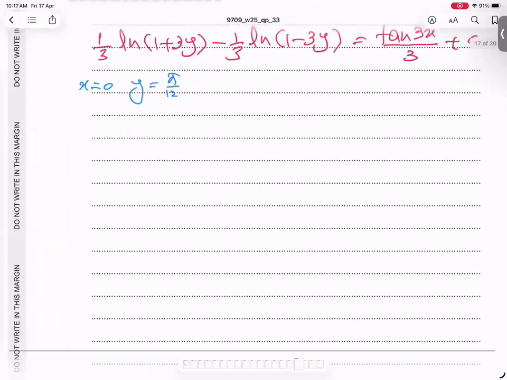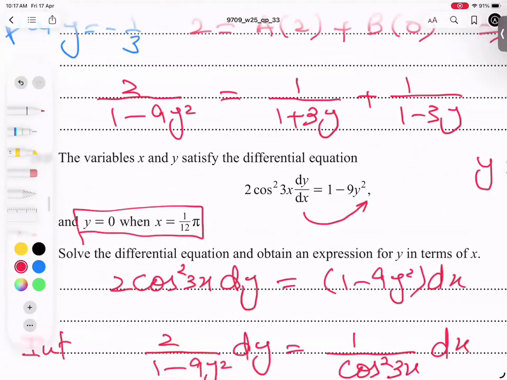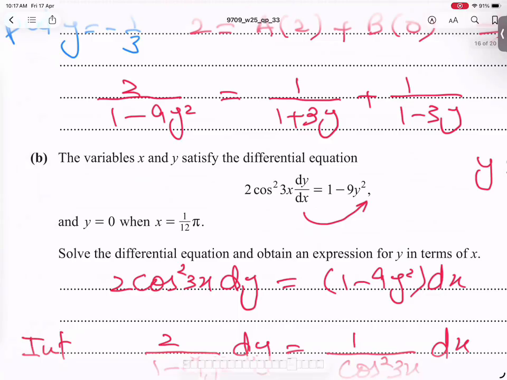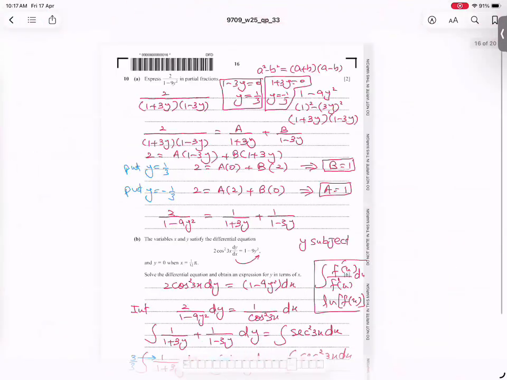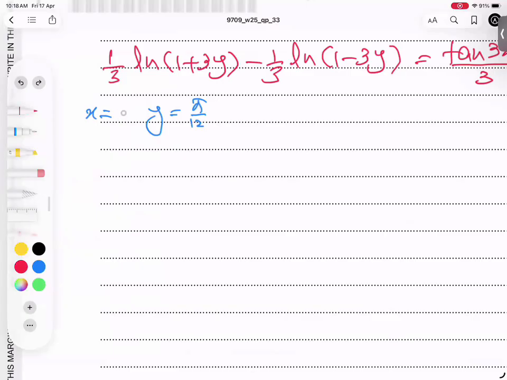You can see that the value given is when y is 0, x is pi by 12. Y 0, x pi by 12.